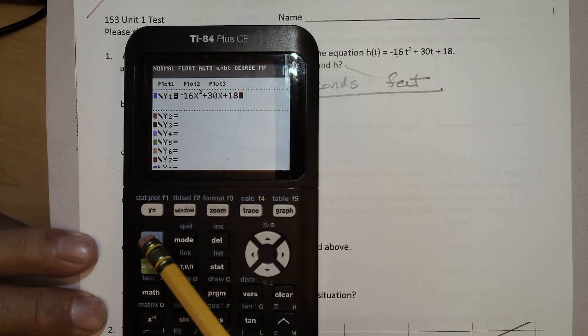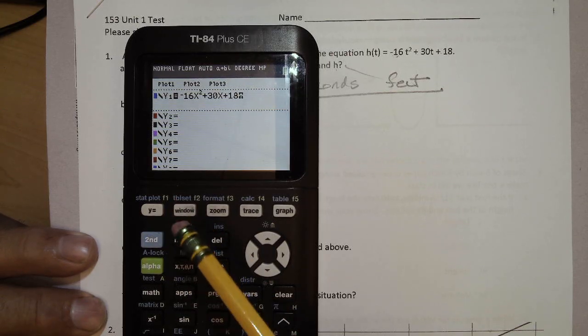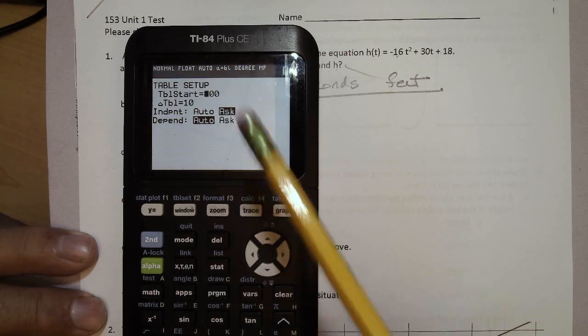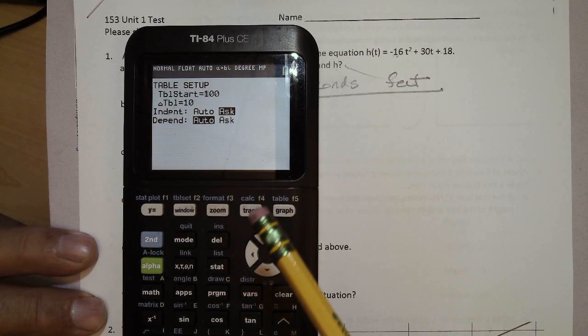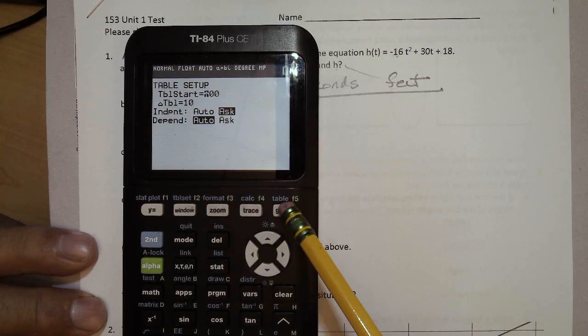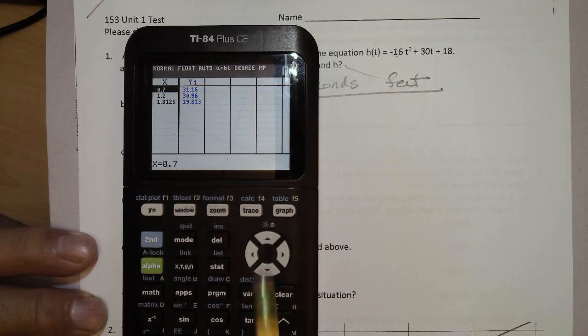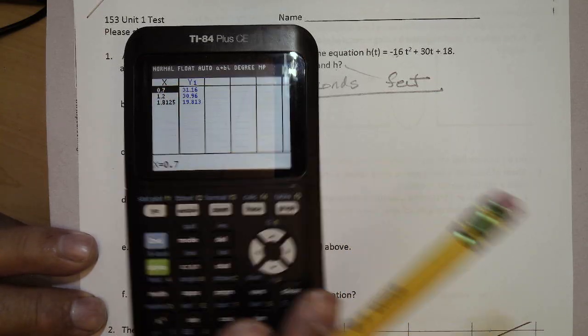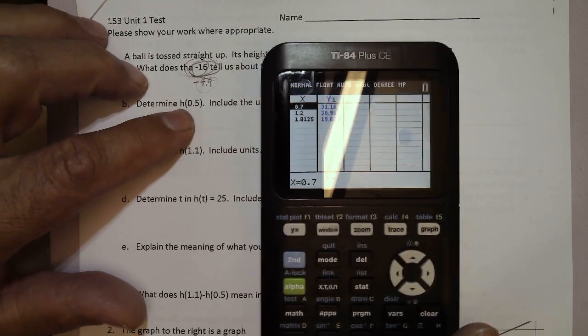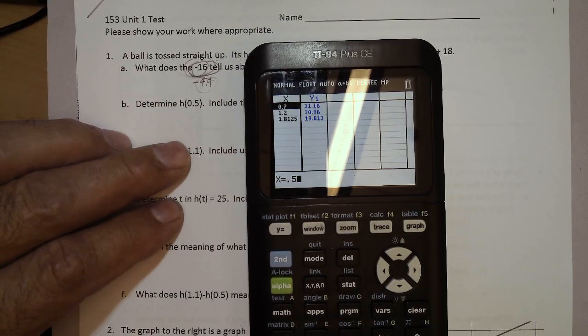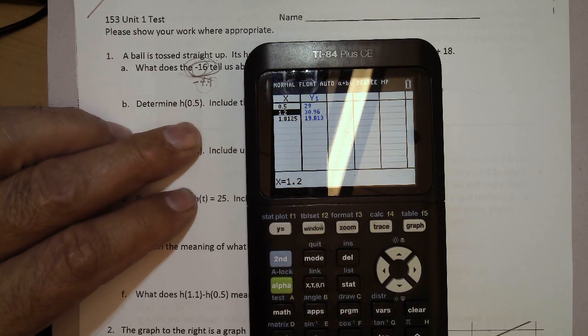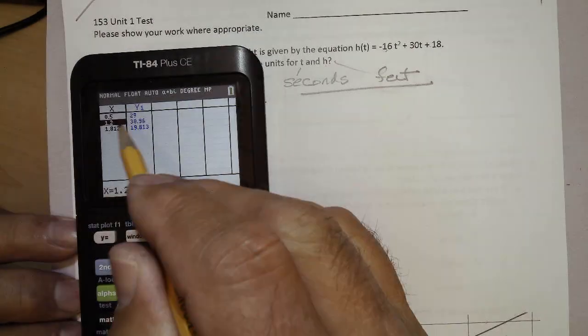I want to show you the easy way to do this. If I go to table set, second, the table set's in blue, and go to ask on the independent variable, then I can go to second table and put in the times I'm interested in. If I was interested in 0.5, I'd type 0.5, and it tells me it's at 29 feet.